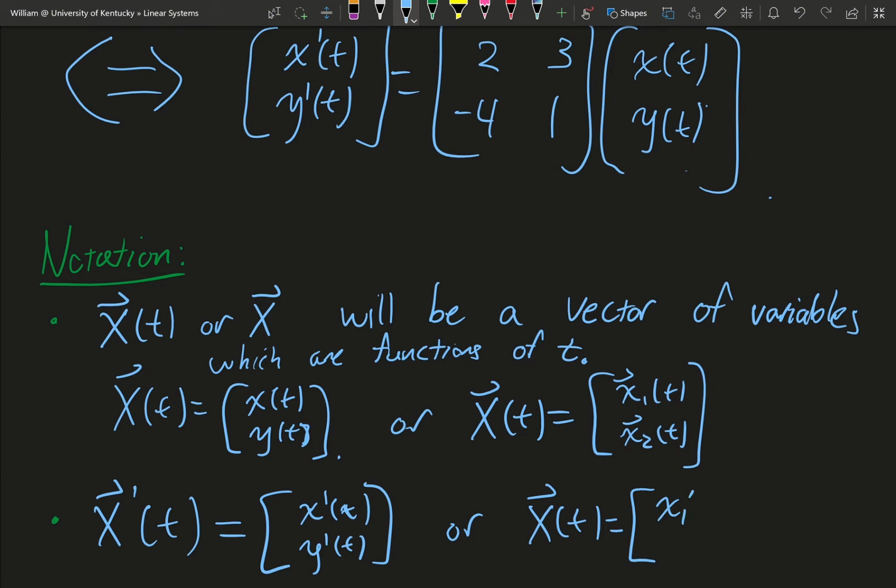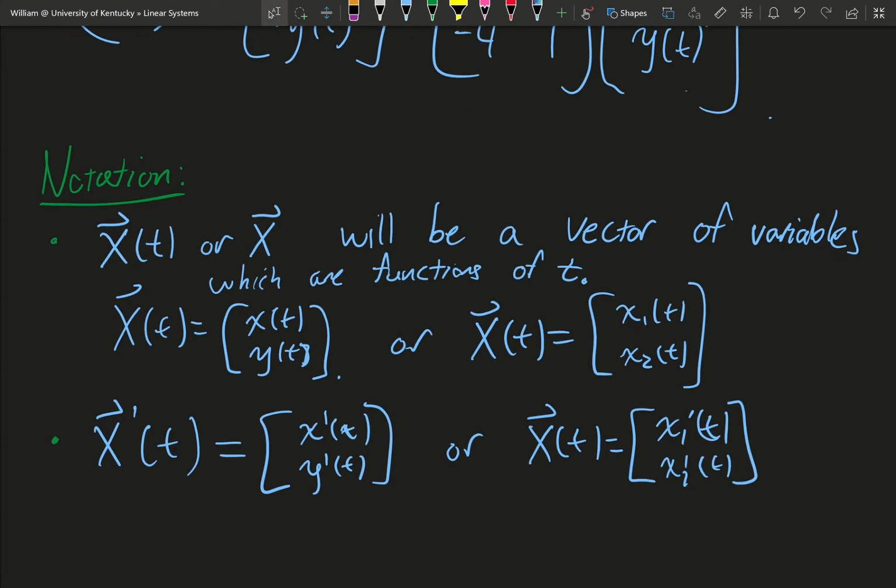Whoops, and I did not mean to put the little bars over that. Sorry if that was confusing. And again, for shorthand, I might drop the t's at some point with this and with the things inside, but I will try to use them at least in the setups just to make it very clear.